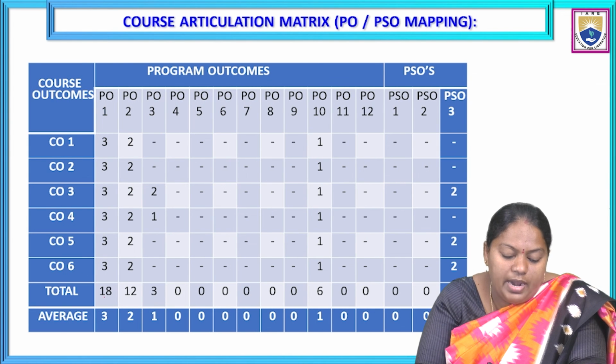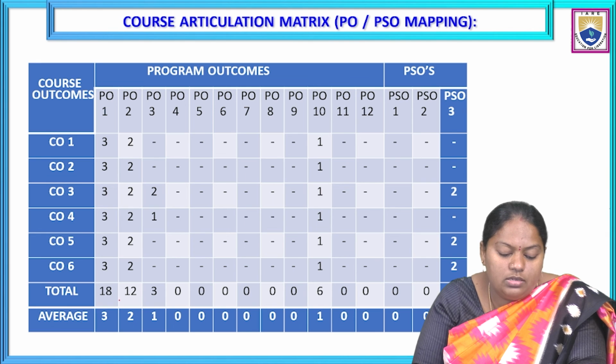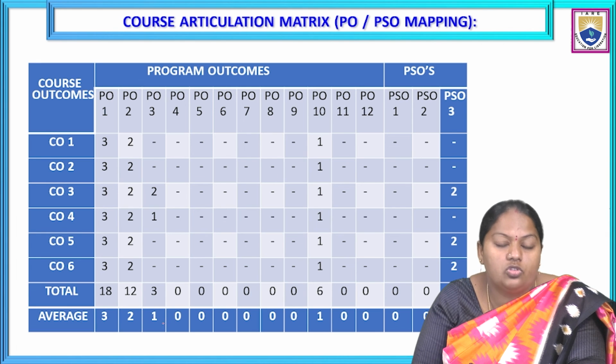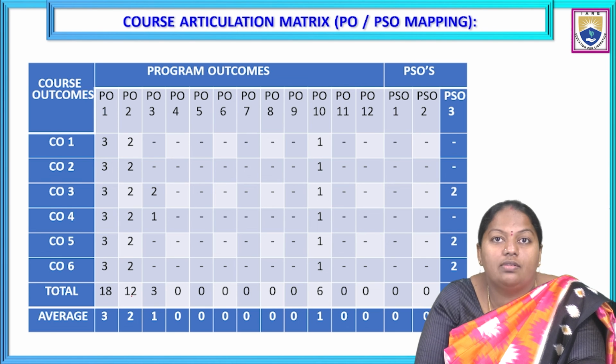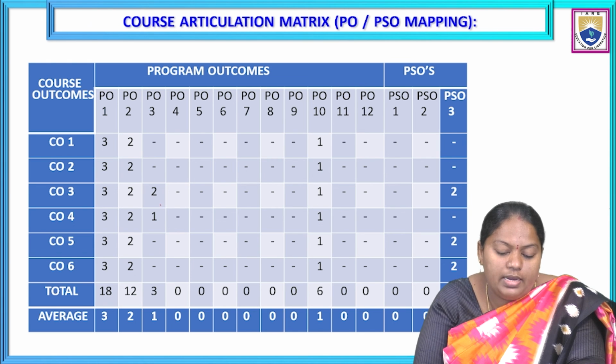Now, how I have added all these to get the total and average values in this course articulation matrix: by adding all CO1 to CO6, I am getting total values like this. In the first case, all 6 are mapped, hence it is 16, and 2 COs are mapped, so it is obtained as 12. And here I am adding 2 only, 2 plus 1 as 3.